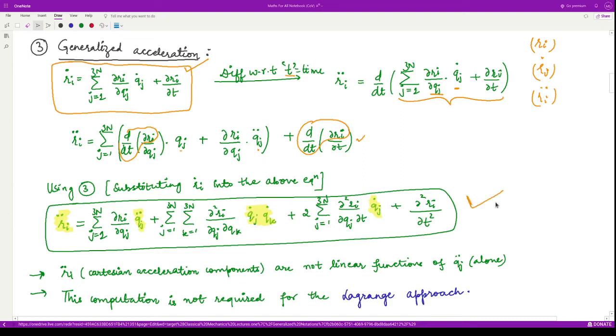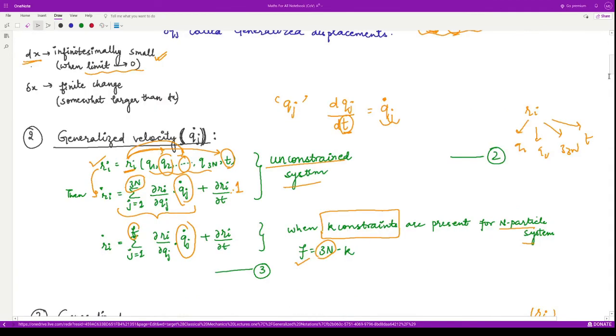So now here you see the computation from the usual accelerations to the generalized accelerations, which would involve qj double dot, qj dot, qk dot, qj dot. So these are not really so simple, and they are not linear functions of qj double dot as was the case with the generalized velocity and generalized displacement.